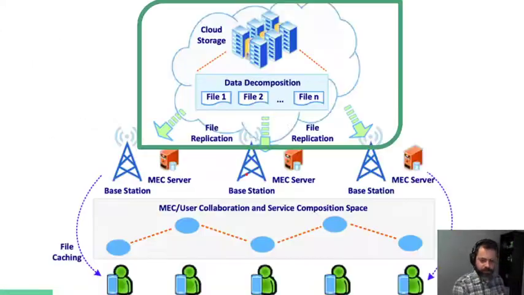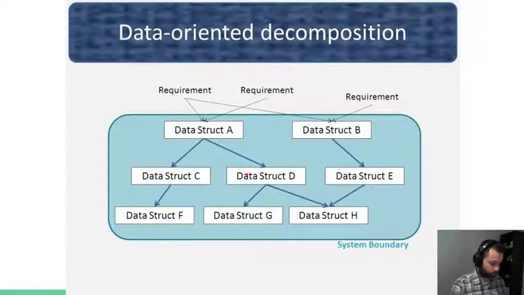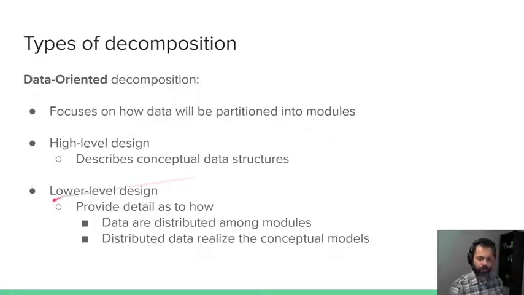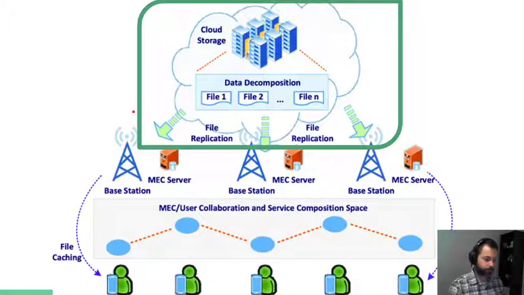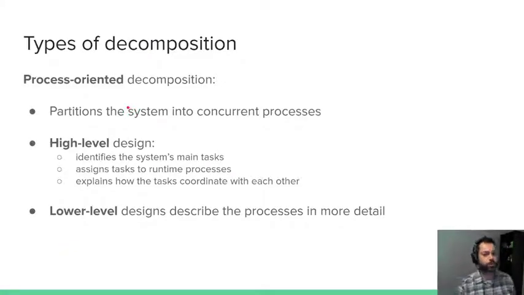Actually, sorry, let me pop back right here really quickly, because the one thing I wanted to talk about here too in data-oriented decomposition, so those of you that have taken database classes in the past, could be like an ER diagram or a database diagram. That would basically show how data is formatted.